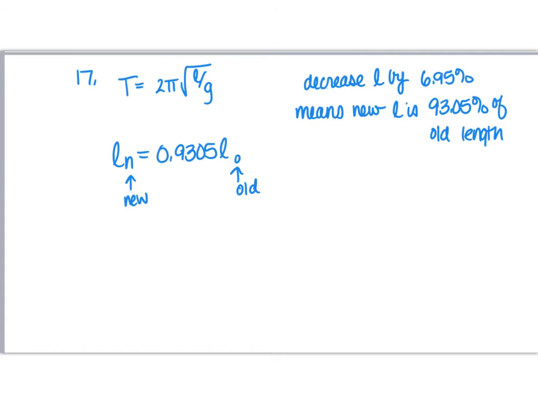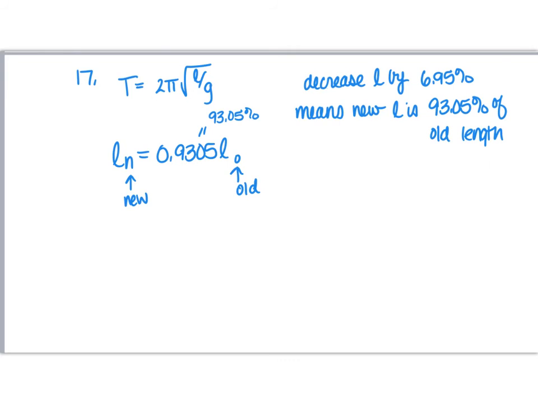Decreasing it by 6.95%, another way to look at that is that the new length is 93.05% of the old length, which I find using that number is more useful. The way that we could write that is if L sub n represents the new length, it is 0.9305 times the old length, because keep in mind that this is equal to 93.05%.